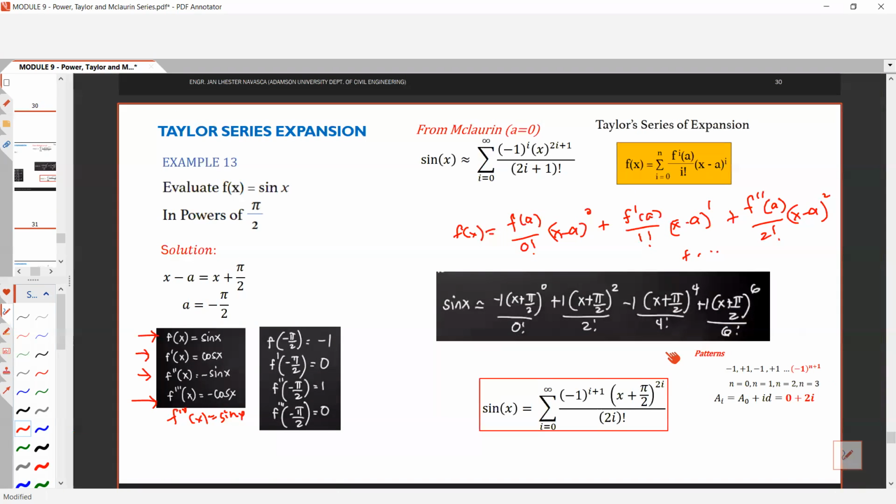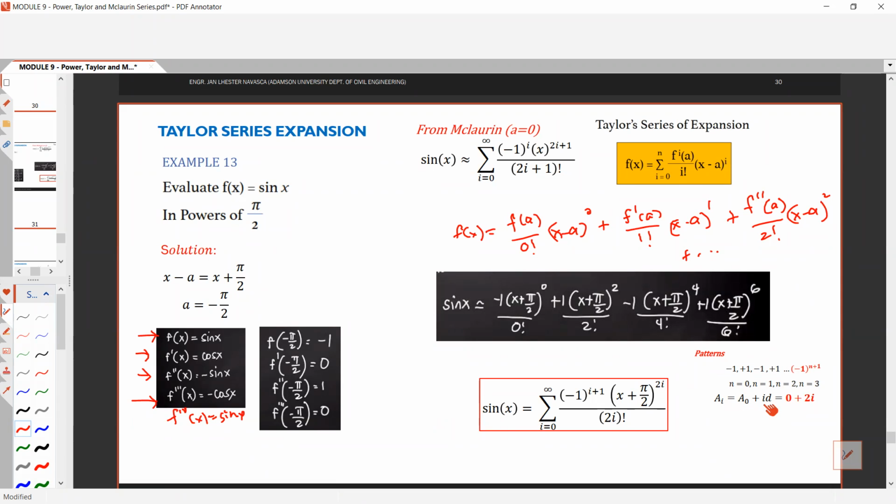Okay? So if you see a pattern, meron kang pattern na nakita, -1, 1, nag-start sa -1, 1, -1, 1. So therefore, if you check yung recall sa preliminaries natin, that is -1 raised to n plus 1, starting at n equals to 0. Okay. So since nag-start ka sa n equals to 0, gamitin mo na rin dito sa ano mo, n equals to 0 din.